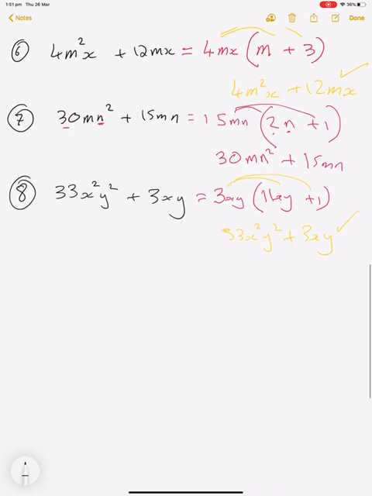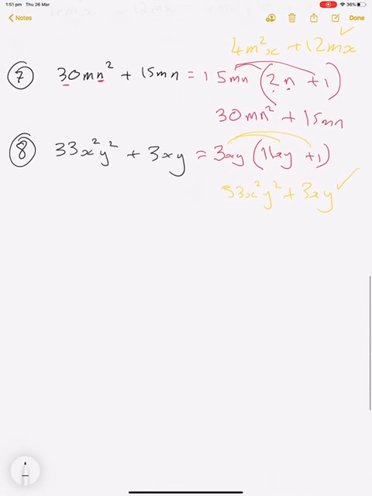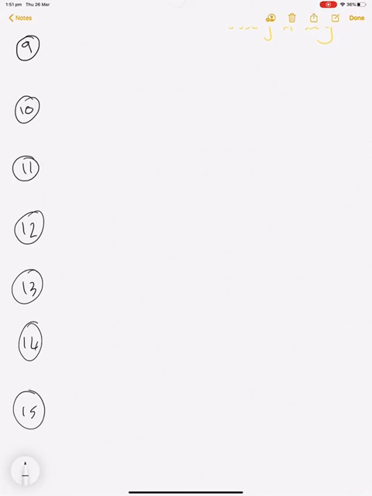Let's do 5 again to get to 13. So let's do 9, 10, 11, 12, 13, 14, 15. Okay, let's do 6.